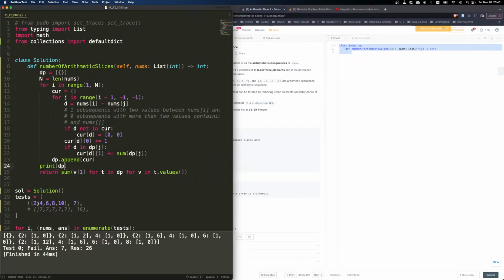So at this position, I have 2. That's correct. At this position, I have 2 is 1, but with differences 2, I have 2.